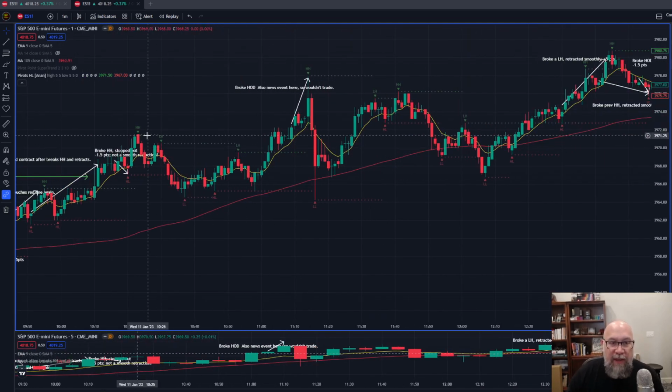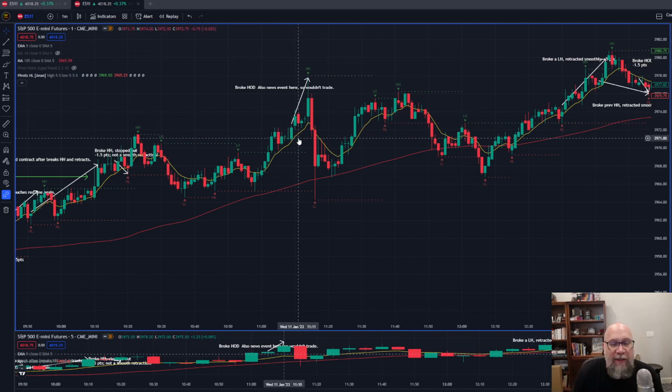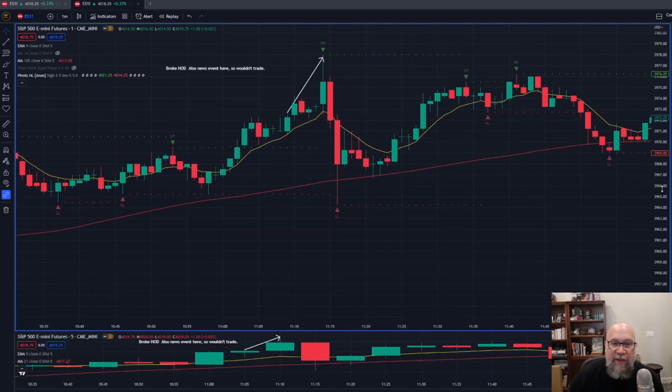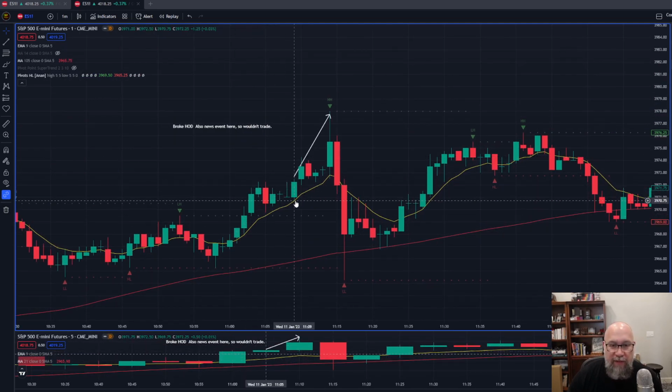So we broke the high right here. What we're then looking for is a retraction that looks fairly smooth, so kind of a nice level or kind of decline. So basically a pullback, right, is essentially what we're looking for, that basically comes back and touches that yellow line. And so as you can see right here, we break that previous high of day, we retract, and we touch the yellow line.